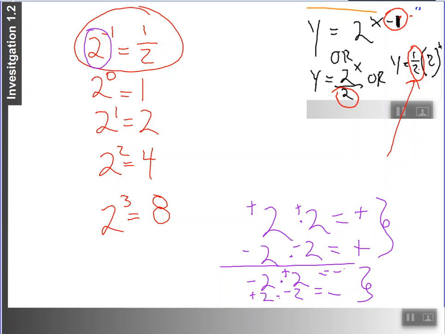However, I will tell you, I gave you sort of an untrue statement to show this. If you have a negative exponent that is odd, it is possible to still get a negative number. It'll just be a negative fraction. So I do want to say that I oversimplified things here to prove a point, okay?